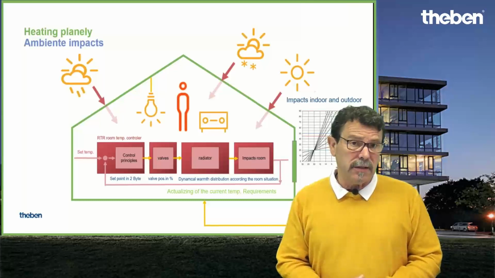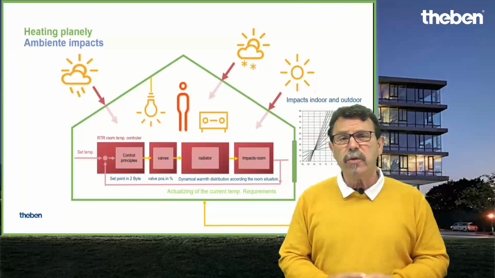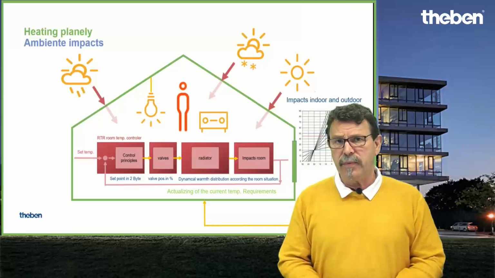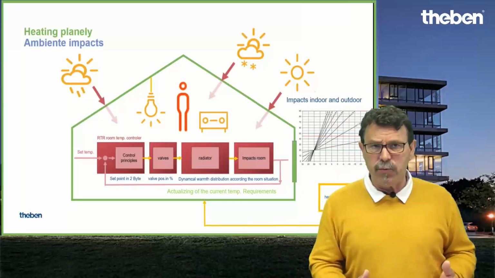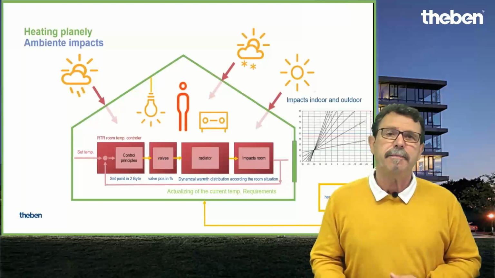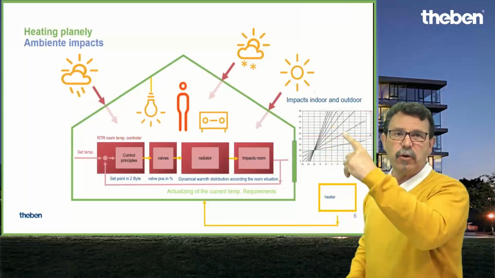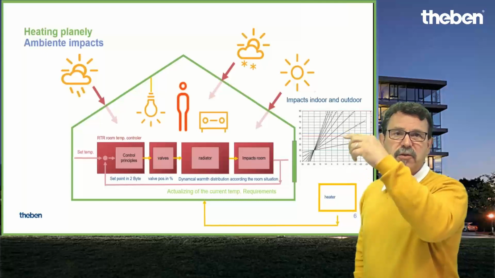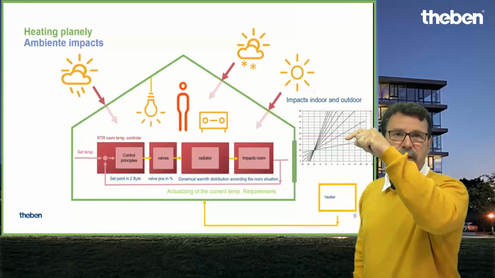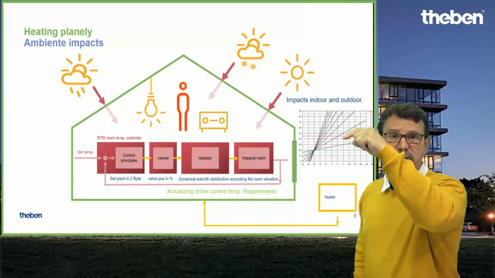If you have smart controllers and smart actuators giving you the highest activating value, and you have the heating gateway, which Theben has, we can have a massive impact on this heating curve. So if there is no demand, we can lower this curve, actively reduce the energy demand and save a lot of energy.